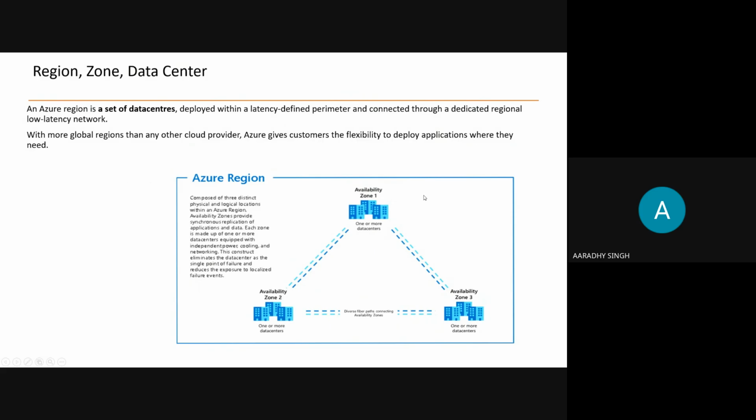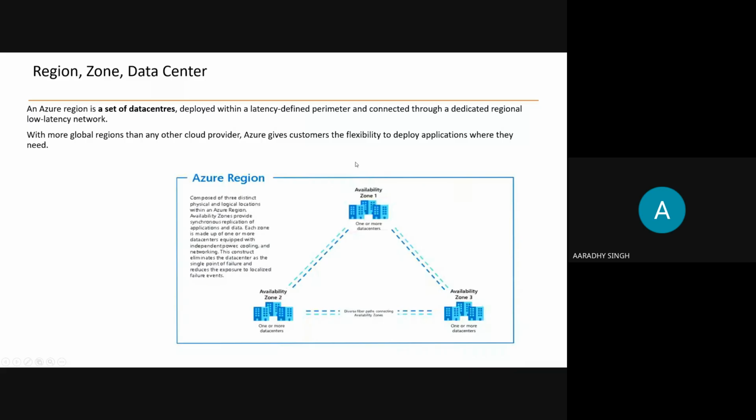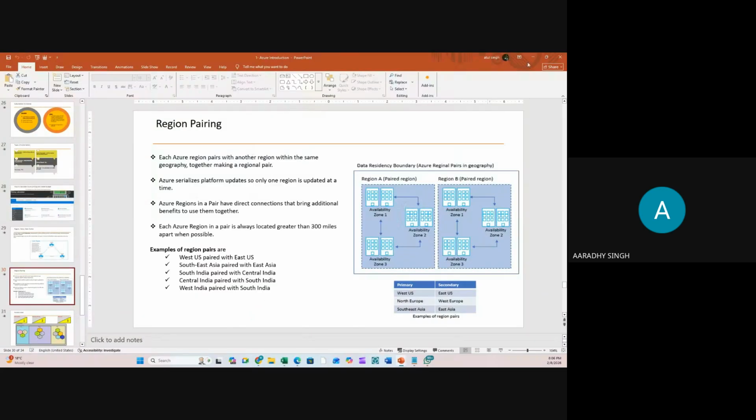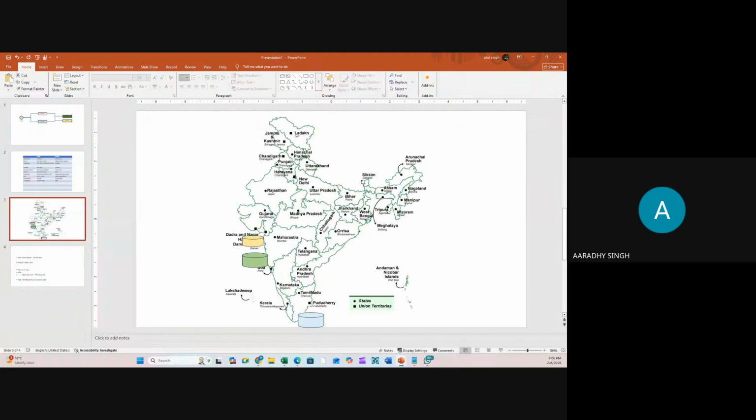So let me draw the architecture. Guys, India is one of the geographic locations. In this geographic location, we have multiple regions available. This is Mumbai, one of the smallest regions.